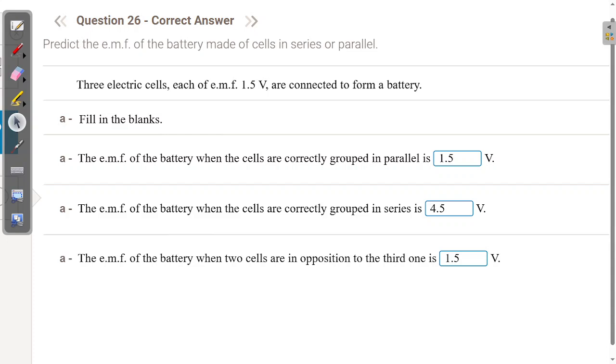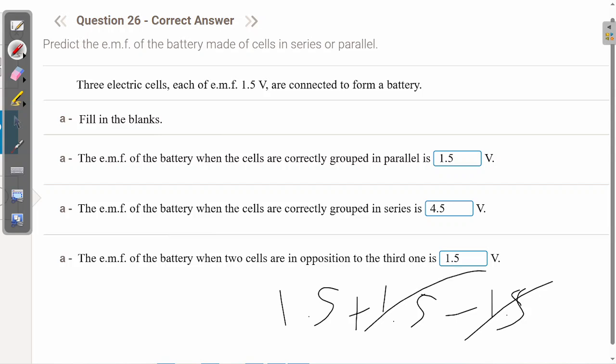Then when two cells are in opposition to the third one, okay, so they said that two are in opposition. So the total would be, the two cells will be 1.5 plus 1.5 minus 1.5.